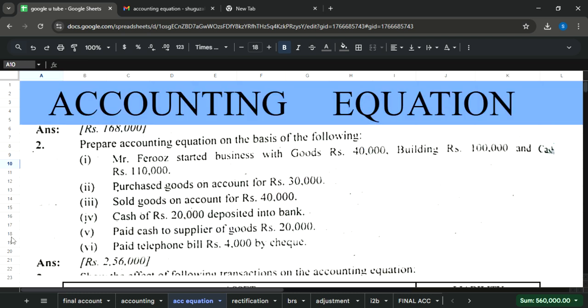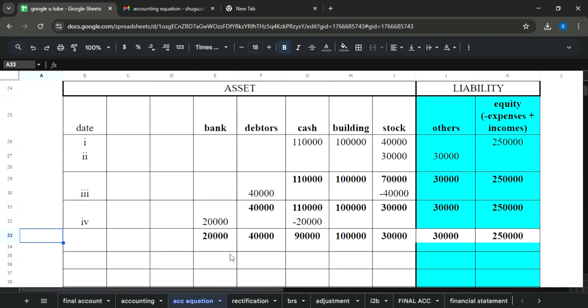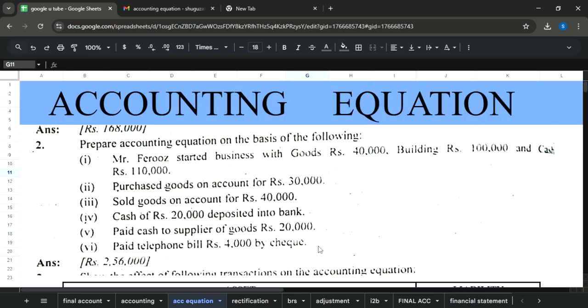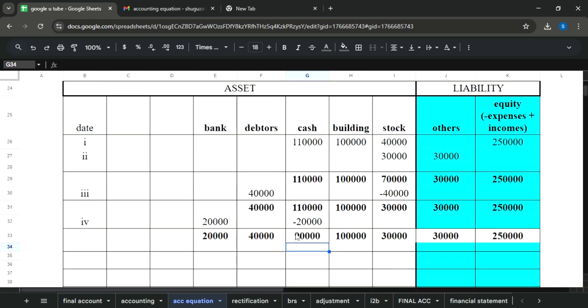Fourth entry was completed. Now entry number 5 is saying paid cash to supplier of goods. Look, here we have purchased goods and now we are paying cash. When you pay someone, your cash would be decreased. How much amount have you paid? Look, 20,000. So minus 20,000 cash has been paid.